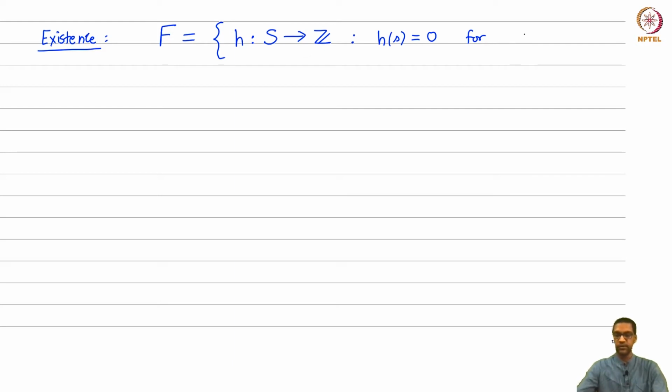So I'll put the condition, it's called finite support, that h of s should be 0 for all but finitely many values of s. So outside this finite subset of S, for all the other values of s, h of s is 0. Okay, so it's functions of finite support from the given set S to the integers.